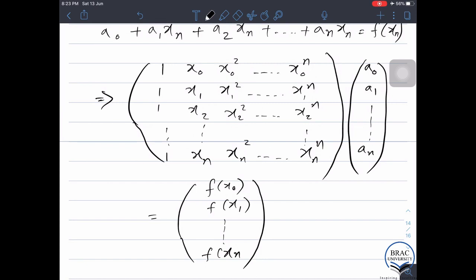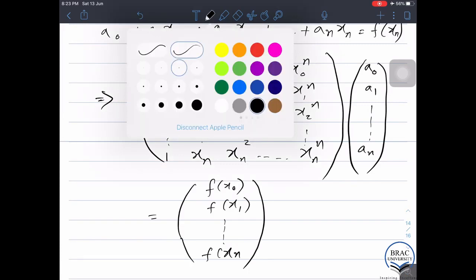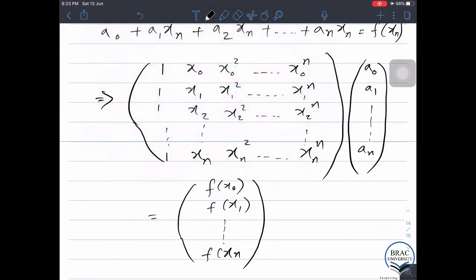So now there are some names. So now the general technique is pretty simple. Okay, this matrix has a name. This name is called Vandermonde matrix.